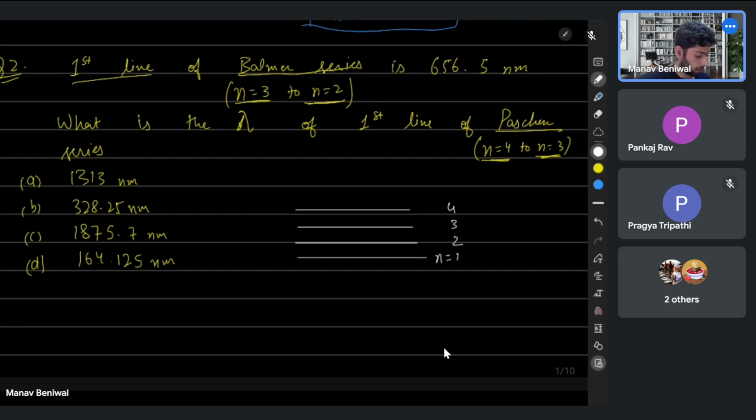So how will the Balmer series look? For the first line of Balmer, we have this transition, and for Paschen, we have this transition. We are given that for Balmer, the wavelength is 656.5 nanometers, and we have to find out what the wavelength will be here. So this is clear, right?